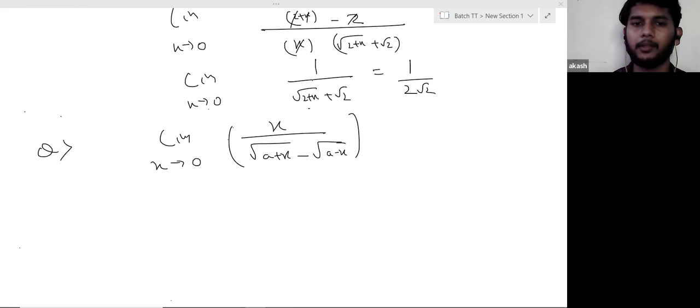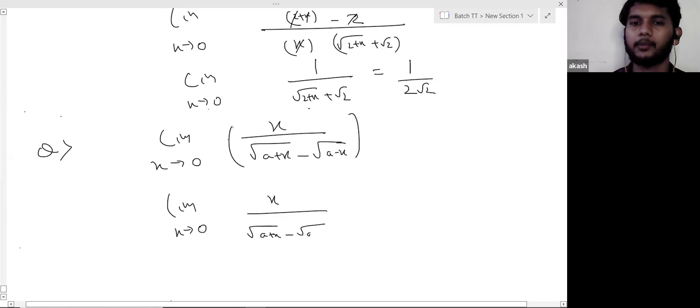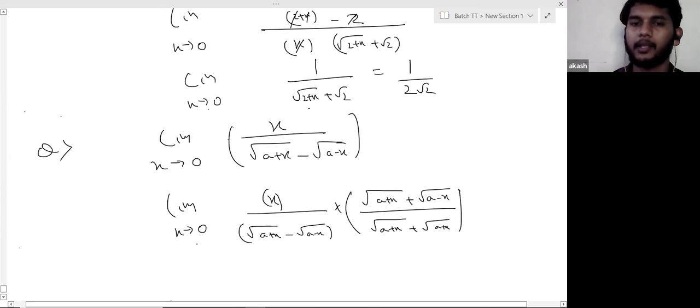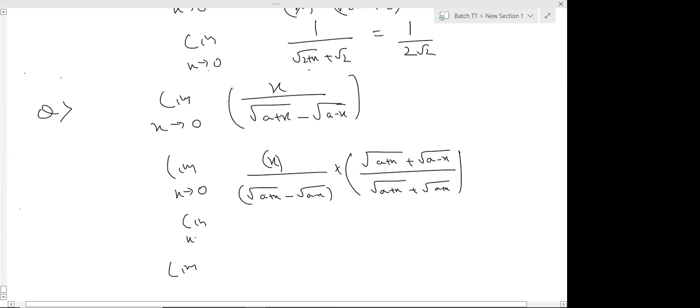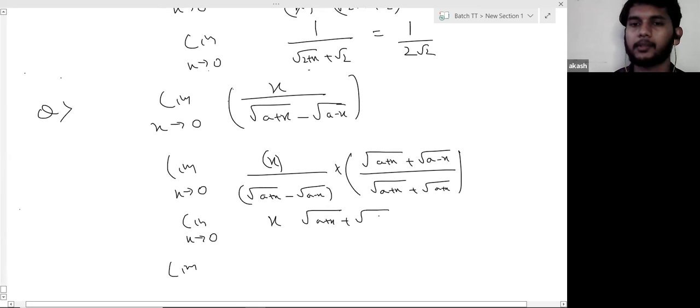So what can we do here? Limit x tending to 0, x into root of a plus x minus root of a minus x, into root of a plus x plus root of a minus x, whole divided by root of a plus x plus root of a minus x. Right, everyone? Yes, sir. So limit x tending to 0, x into root of a plus x plus root of a minus x, brackets.